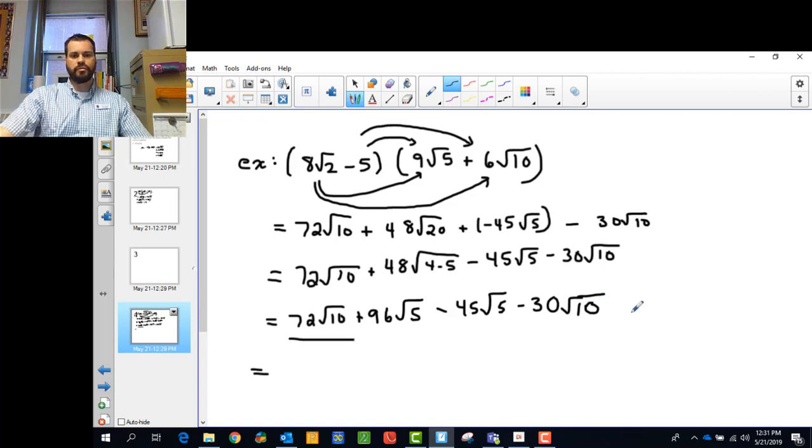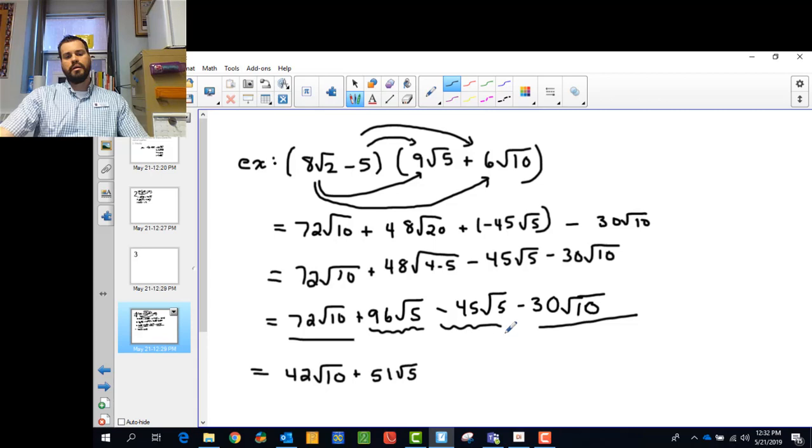So this guy, 72 root 10, and this guy, minus 30 root 10, they come together and give me 42 root 10. And then 96 minus 45 is 51. So we're going to go plus 51 root 5, because these are also like terms. All right. And then those can't be put together, so that's my final answer.